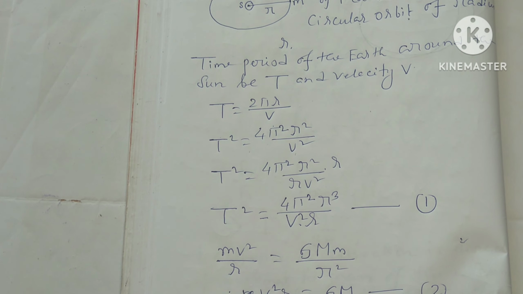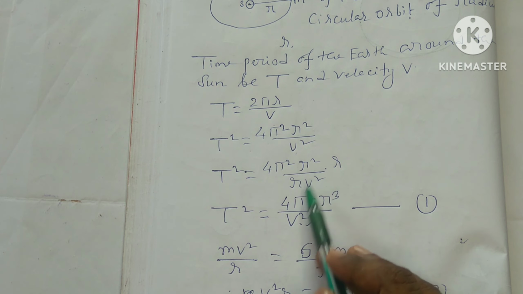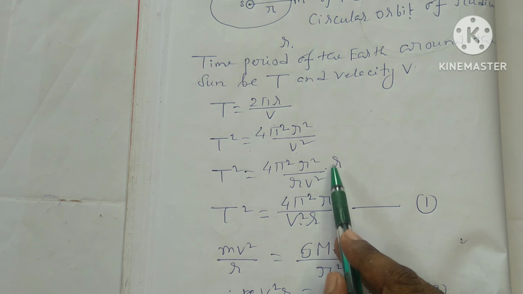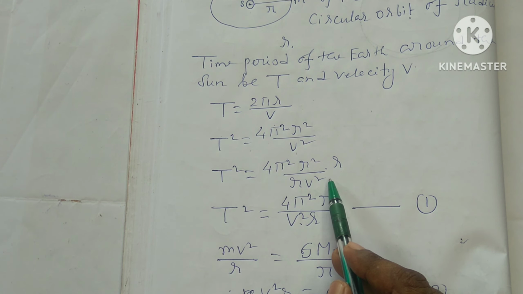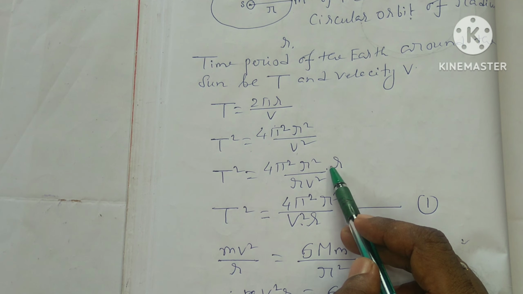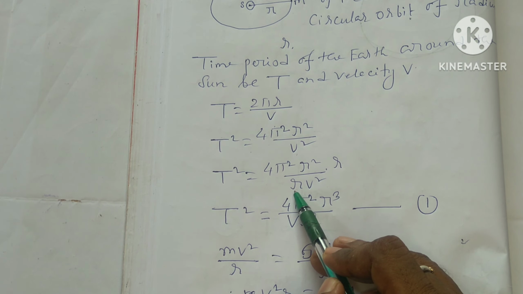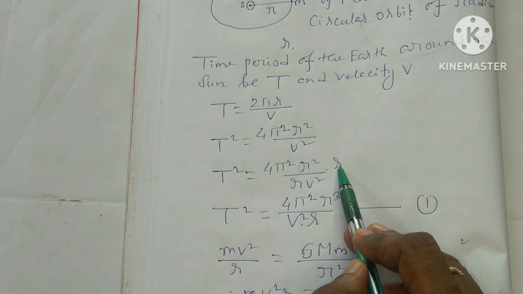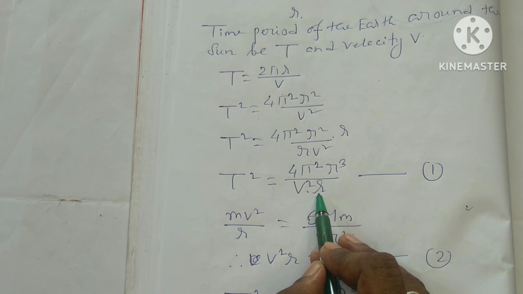Here we multiply r in the numerator and denominator, so this is r cube by v square r.